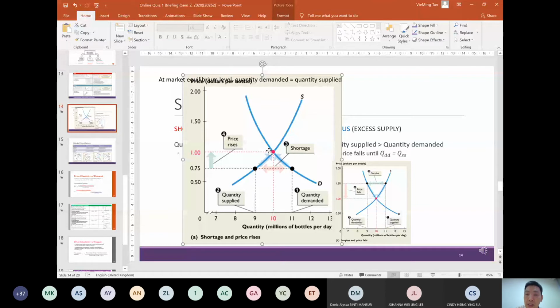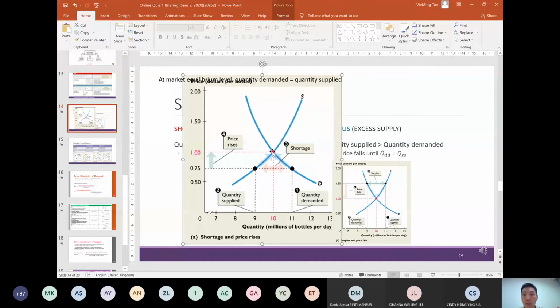So when the shortage happens, what is going to happen then? If we have a shortage in the market, the market mechanism will force the quantity demanded to reduce and force the quantity supplied to increase until they are equal at this point.